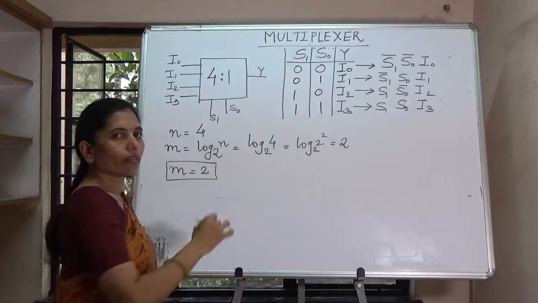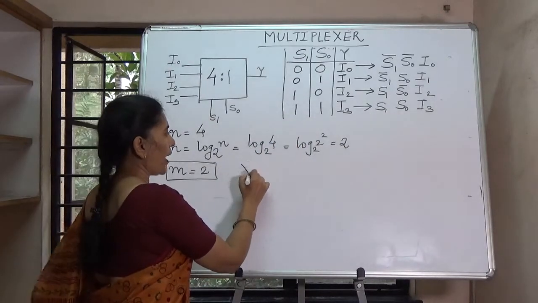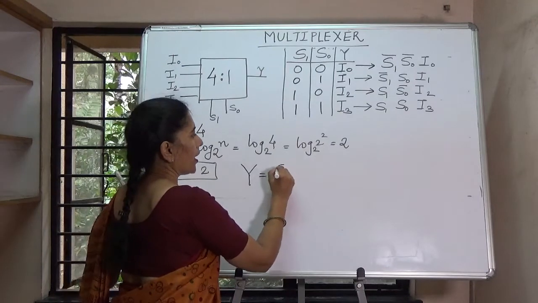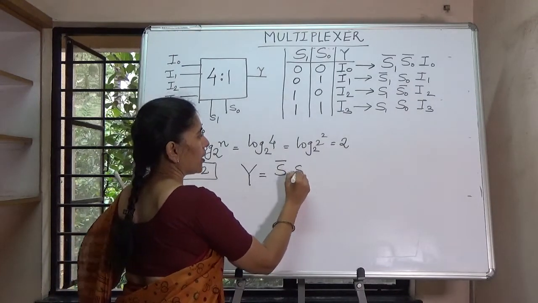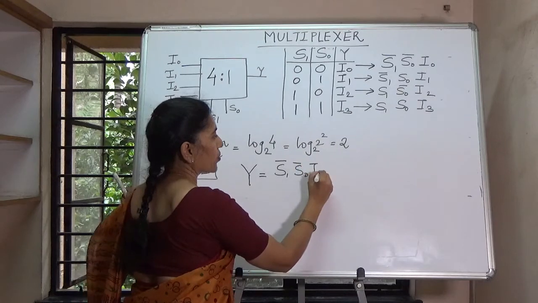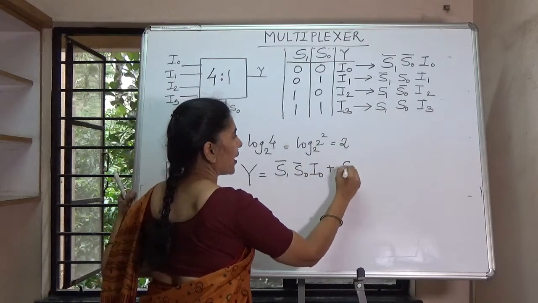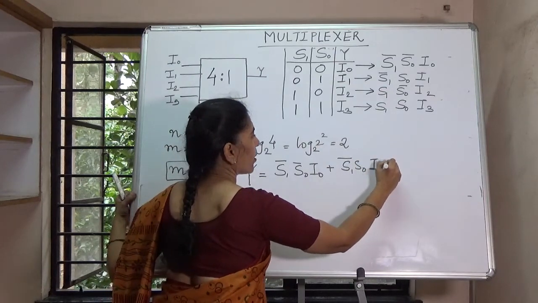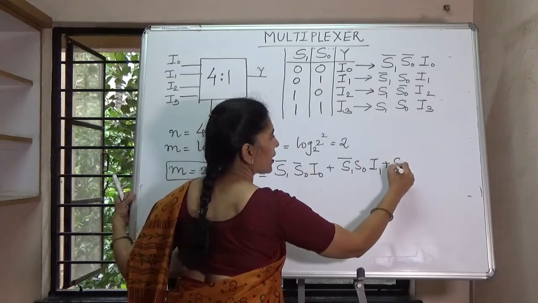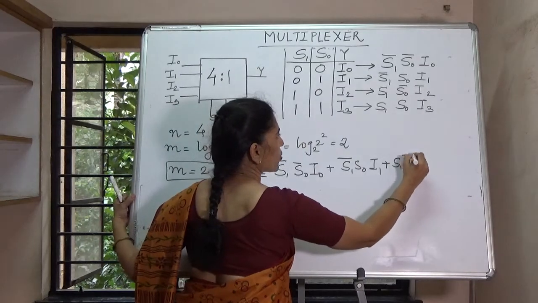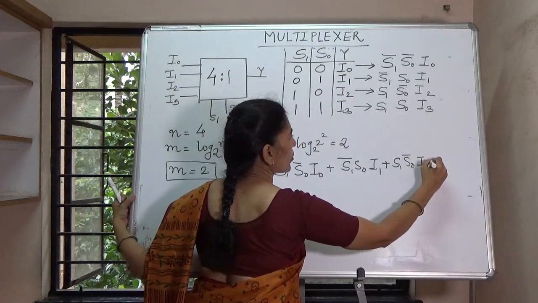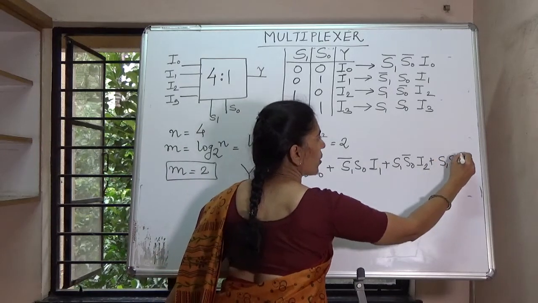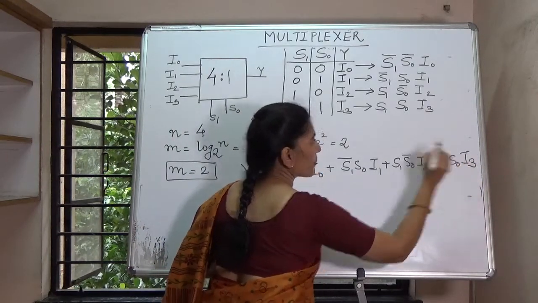If we add all the four products, the output Y will now become S1 bar, S0 bar, I0 plus S1 bar, S0, I1 plus S1, S0 bar, I2 plus S1, S0, I3.